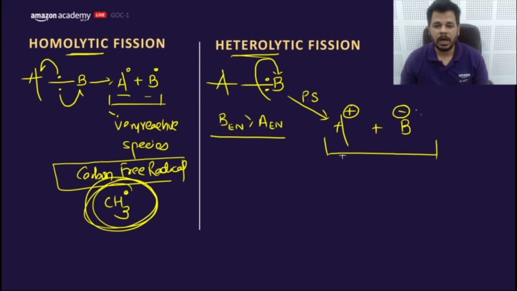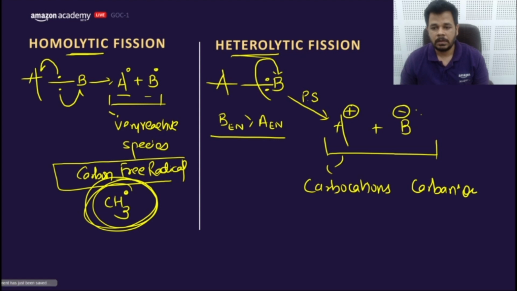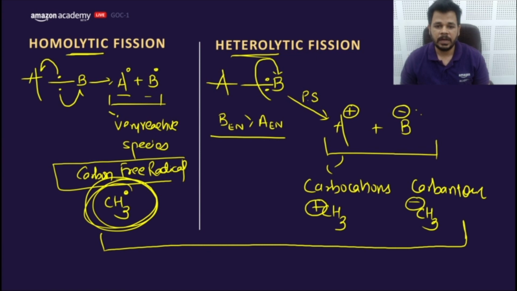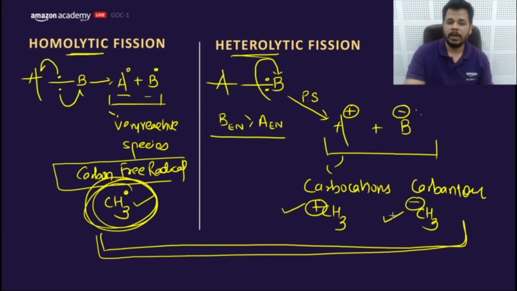Considering both are carbon, we can generate carbocations and carbanions. The smallest example of a carbocation is CH3 plus, and the smallest example of a carbanion is CH3 minus. So these are three intermediates which can be formed during the reactions: carbon free radicals, carbocation and carbanion.